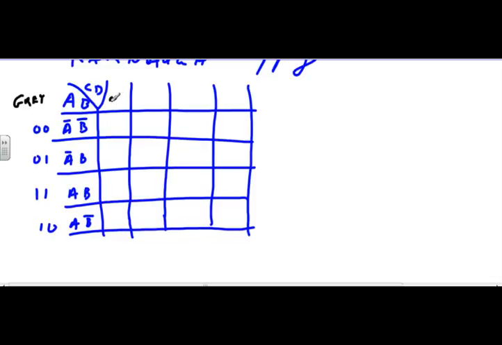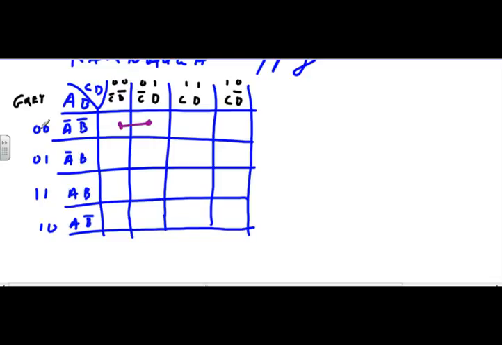And then we're going to do the same thing across the top: C naught D naught, C naught D, CD, CD naught. So 0, 0, 0, 1, 1, 1, 1, 0. Now, if I look at this spot right here, and I move from there to there, only one thing changes.